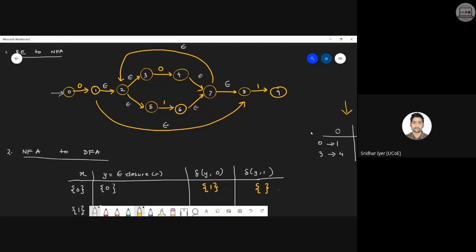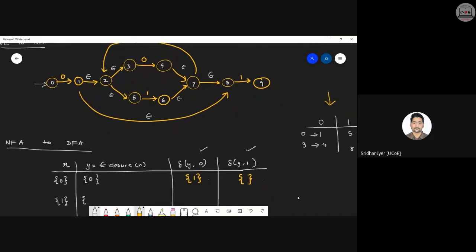That is only 0. Similarly, the second column over here, the third column, in fact, this input, basically what it means is it is transition of y on 0. What is y? Y in this case is set 0. So what exactly I mean is we need to check whether 0 has any transition of input 0. 0 over here is a state, right? So whether state 0 has any transition on 0, we need to check.